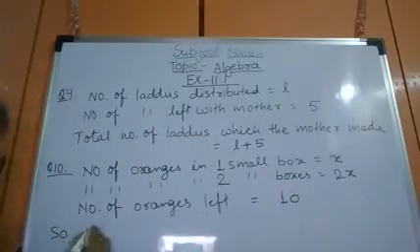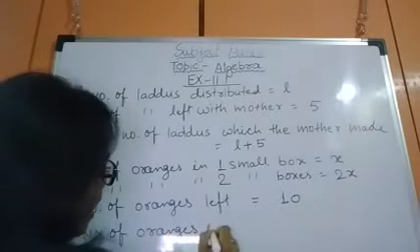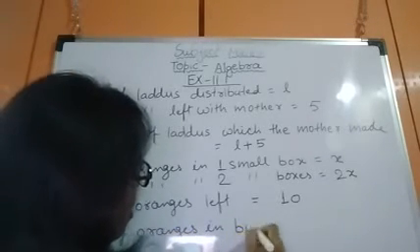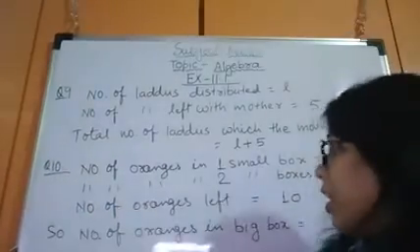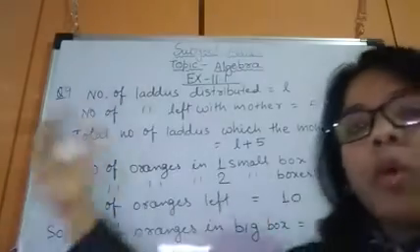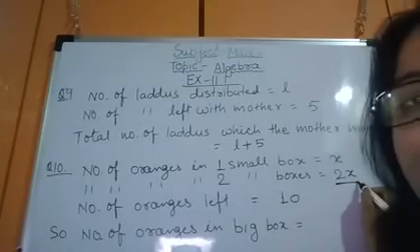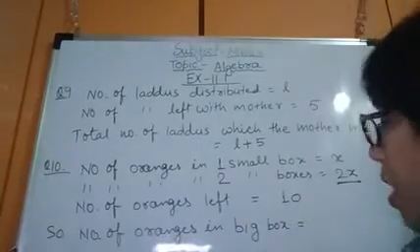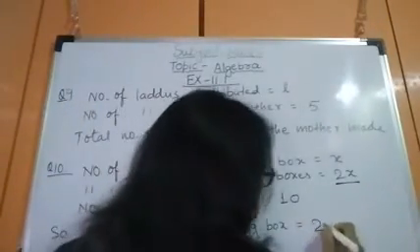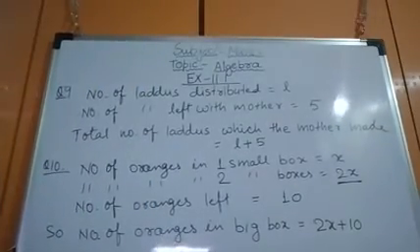So the number of oranges in the big box: when we emptied the oranges from the big box, 2 small boxes filled, meaning 2x oranges, and the remaining 10 are left. So the total oranges will be 2x plus 10. This is also an algebraic expression.